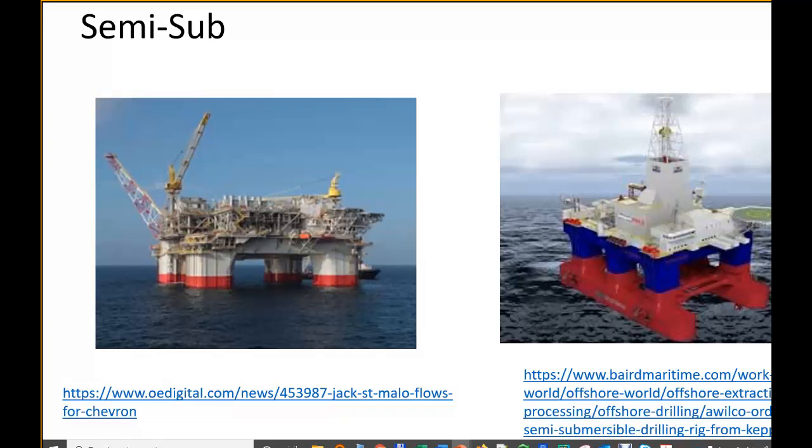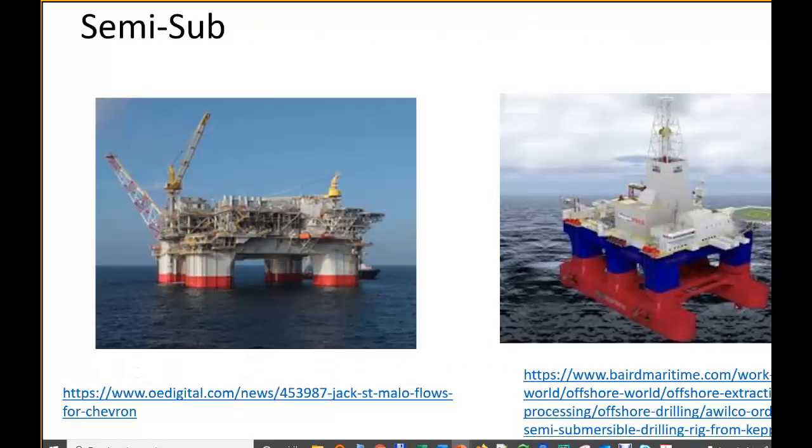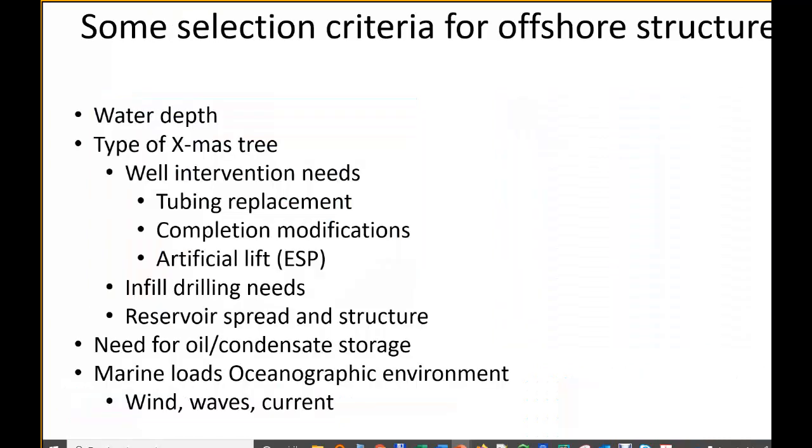They are sometimes in this shape, like a catamaran, but this one has more of an octo base shape, so you can have all kinds of variations. And the difference with the TLP is that these are not anchored with tendons and tethers pulling it down. This is simply floating by itself, and you have to control ballast to find the position.